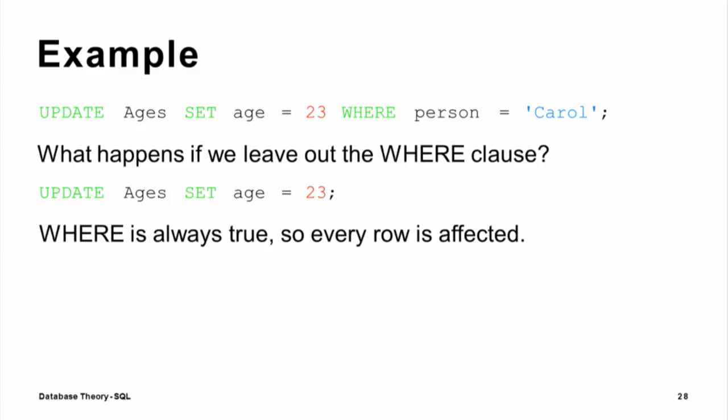And if I warned you about the easiness of dropping things, here comes another one. If you go with that second statement, update ages set age equal to 23, well, that set all the ages to 23. Each and every row that is part of that ages table now has the age of 23.